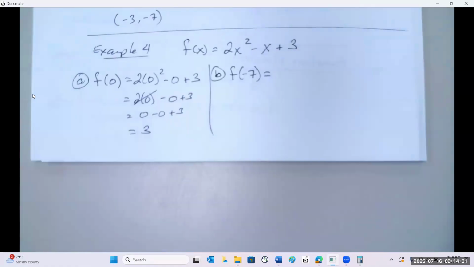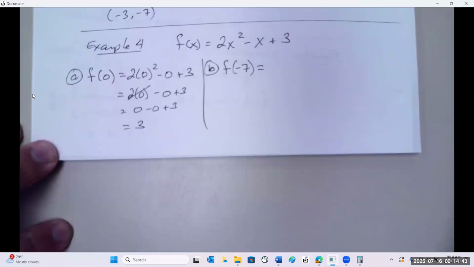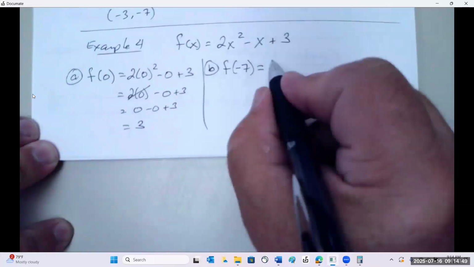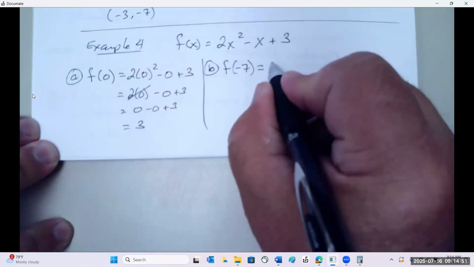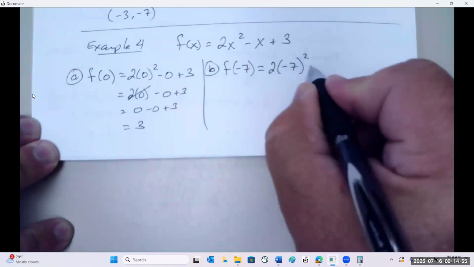How about this one? I go to my function f. Anywhere I see an x, I put what in its place? Negative 7.